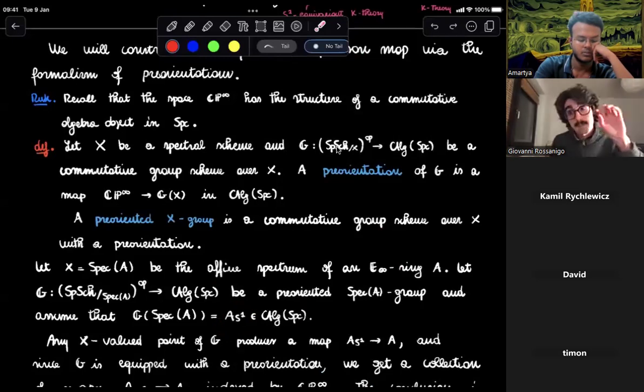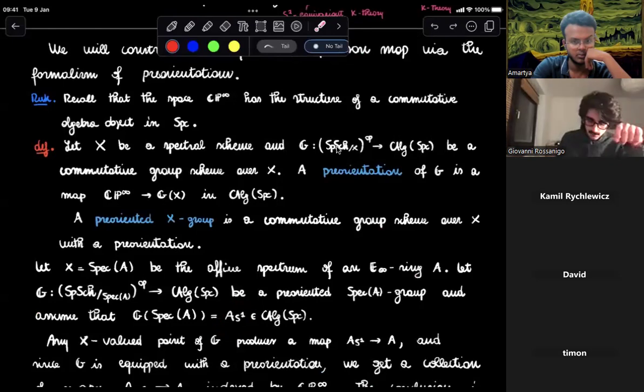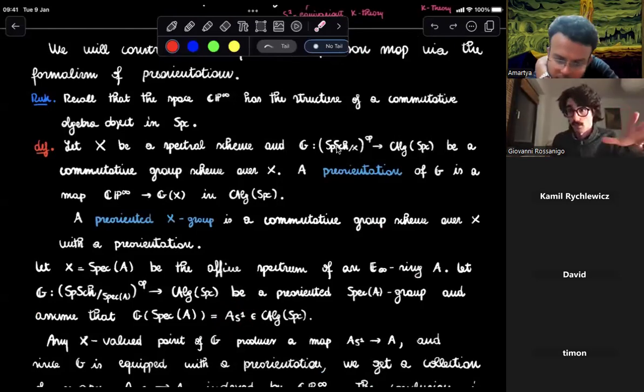This will be the representing object of the naive S1-equivariant A-cohomology theory. In the case of K-theory, we will see that it is possible to identify the space with the G-equivariant K-theory, essentially.